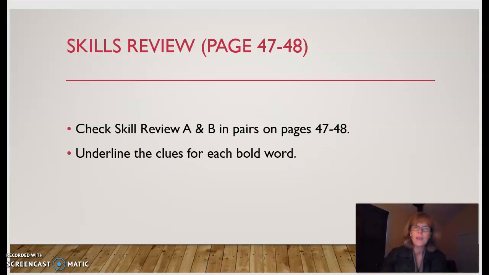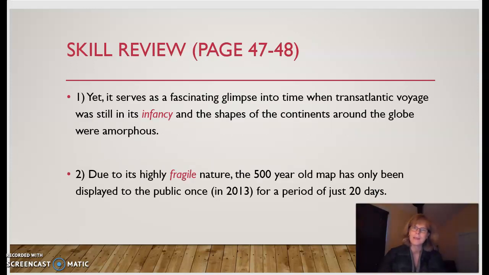Guys, just a few more things to look at in the skill review section. This is a skill review helping us to manage unfamiliar words, right? That's our skill for this week. And in this section, they pulled out some sentences from the article, and they said, what does this word mean? Think about this word, infancy, and we've seen that word before.